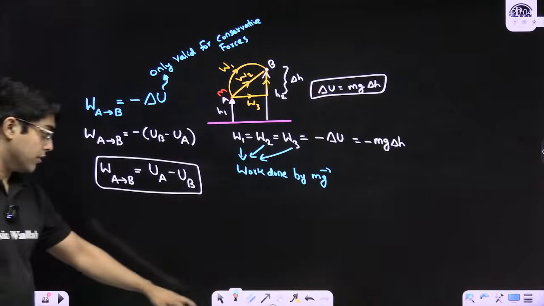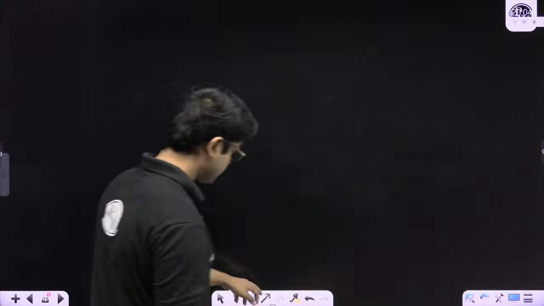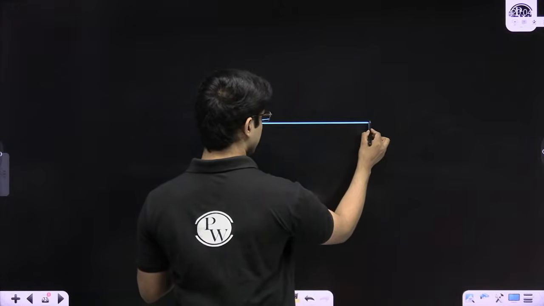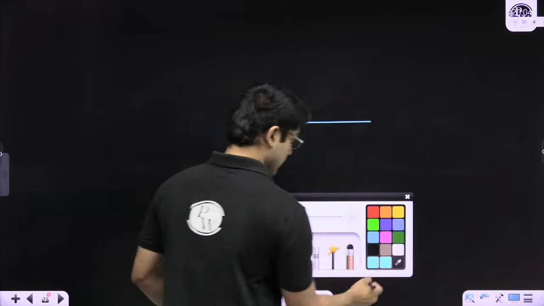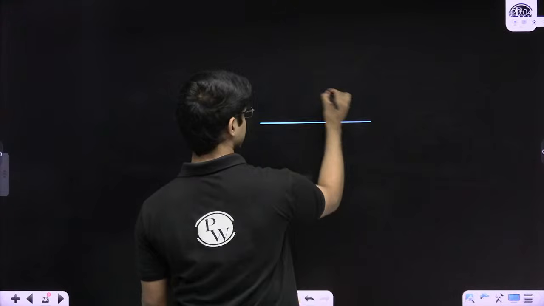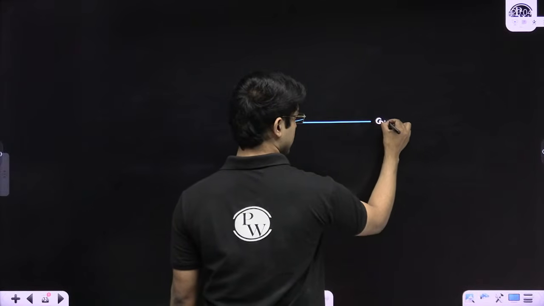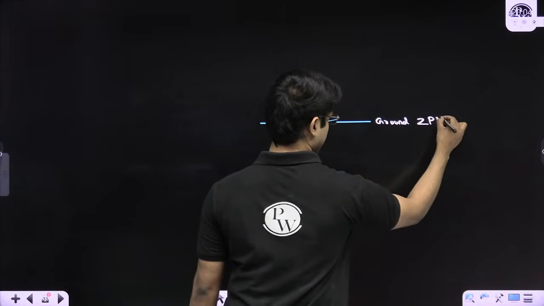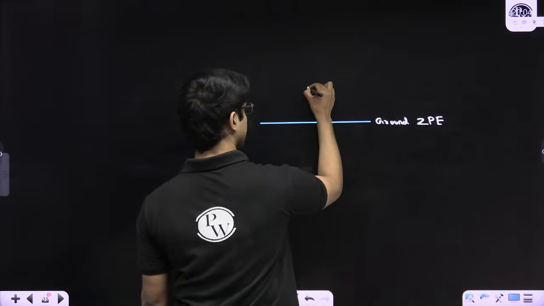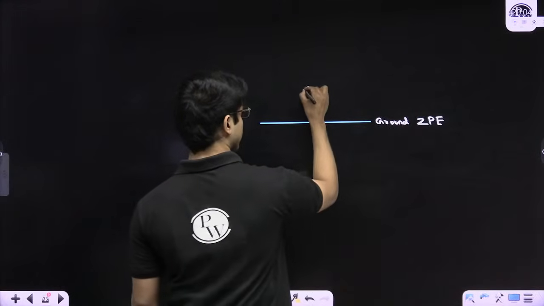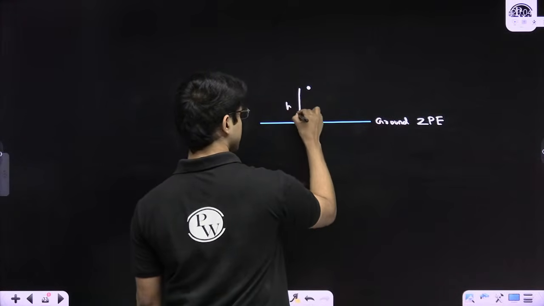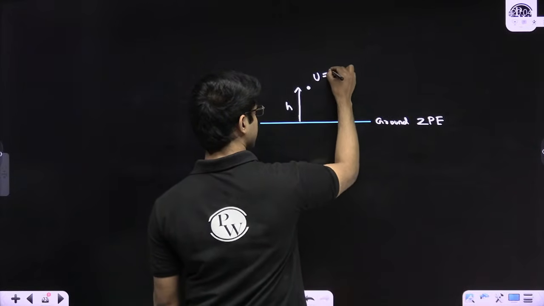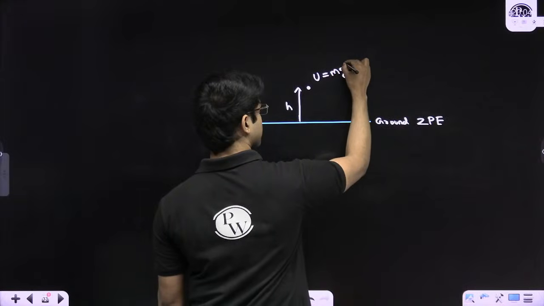Yeah, because typically in normal gravity problems, we choose the ground as the zero potential energy level, right? And then we write everything relative to that. So if we have a point which is at a height h above the ground, then we say that the potential here is mgh.